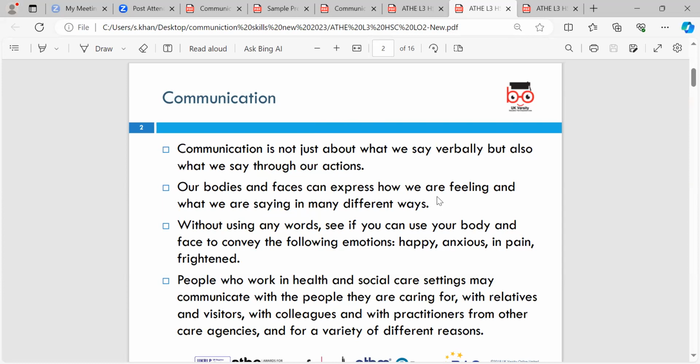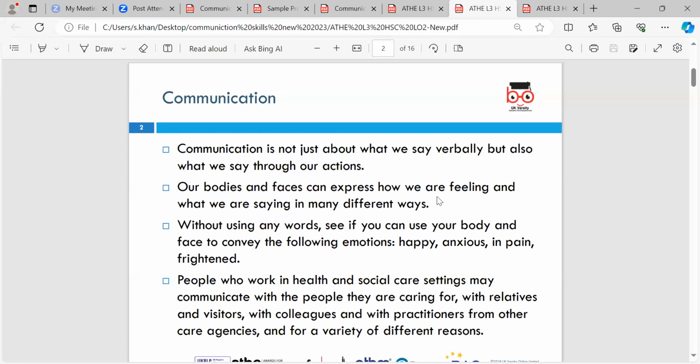Your body language shows how you express yourself and how you're feeling. And people in the health and social care setting need to work with relatives and visitors, and also different practitioners and care agencies from a variety of different sources.